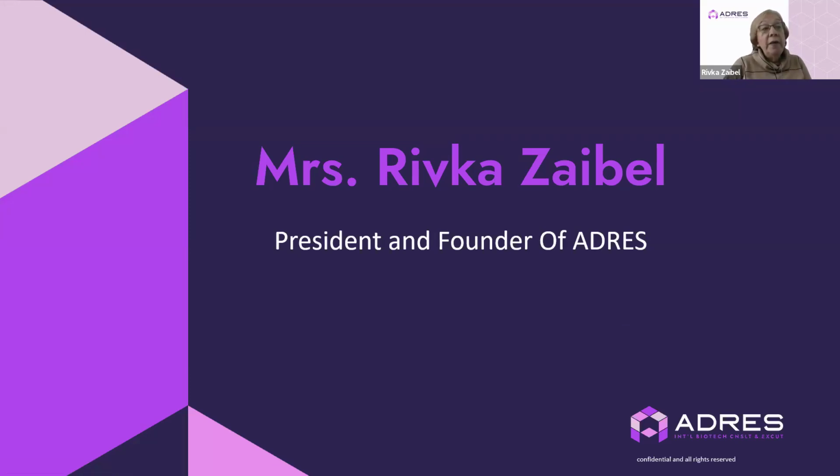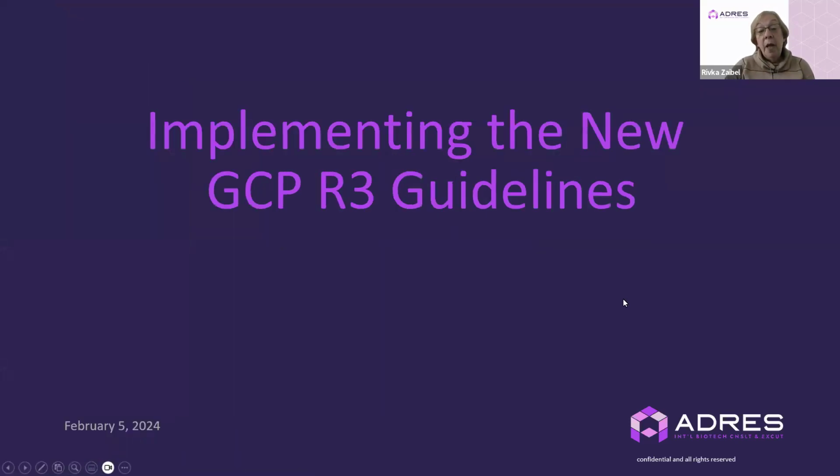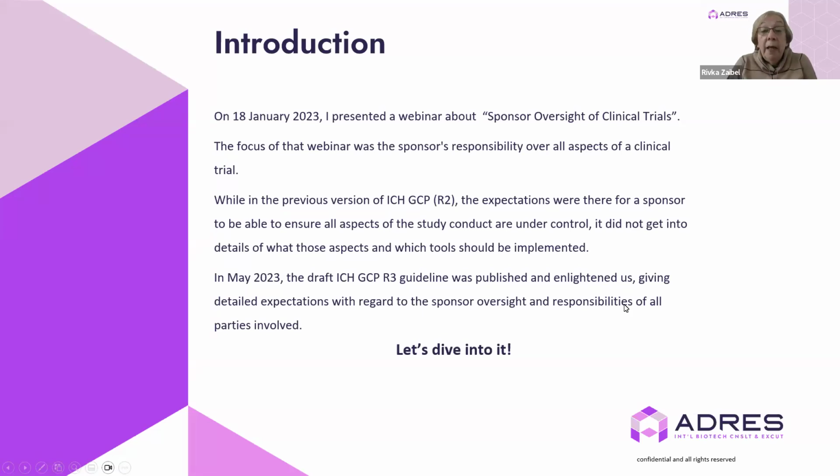Thank you, Nitzan, and thank you all for joining us today on, I would say, an exciting opportunity to discuss the implementing of the new GCP R3 guidelines. Some of you may remember that a bit more than 1 year ago, on the 18th of January 2023, I presented a webinar about sponsor oversight of clinical trials.